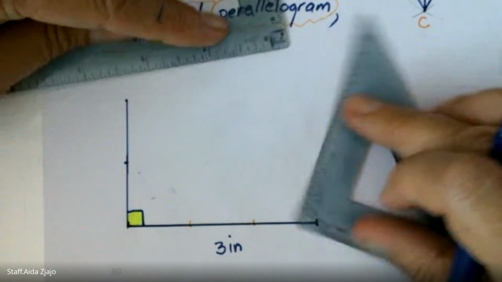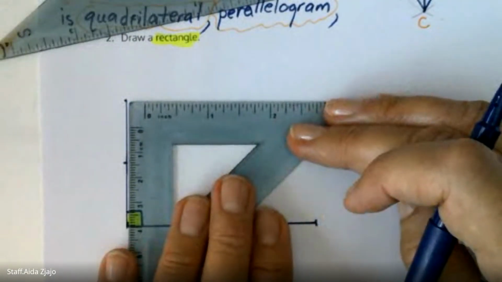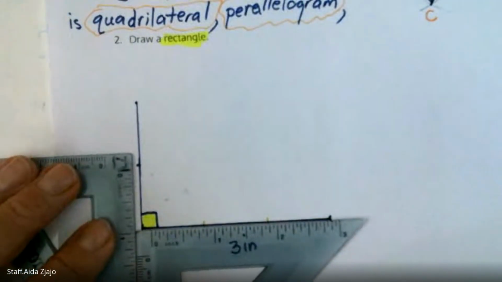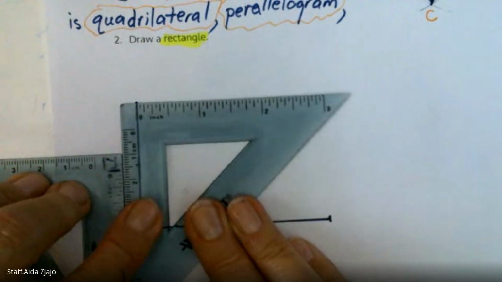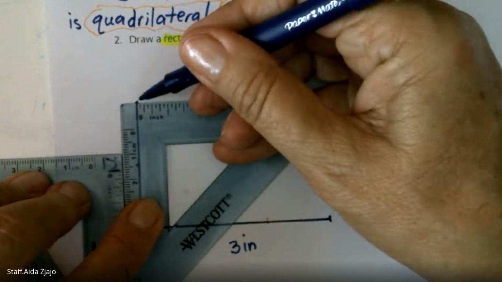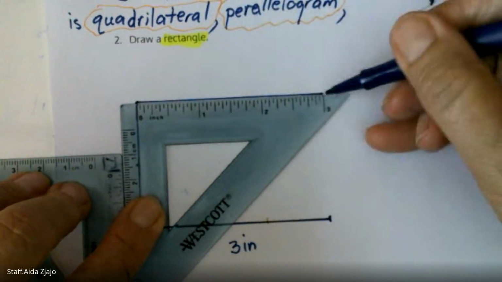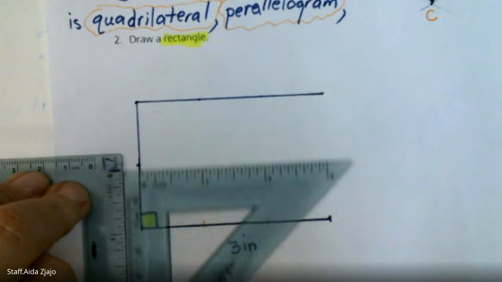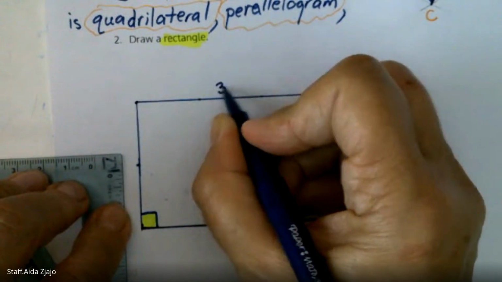Otherwise it's not a rectangle, because a rectangle has 4 right angles, and opposite sides are parallel. So this was 3. Now I'm going to make parallel and congruent sides on the top. So here is the 3 inches, and it's parallel to this one, so 3 inches.